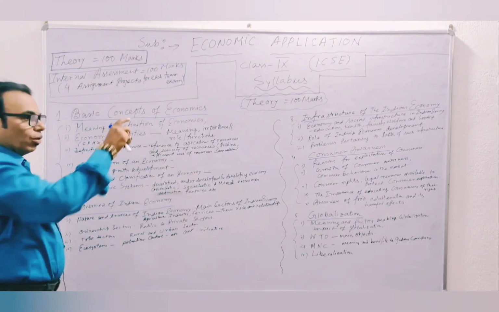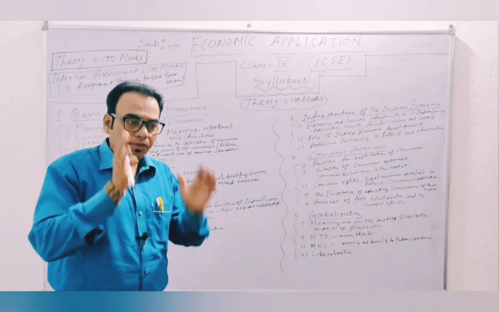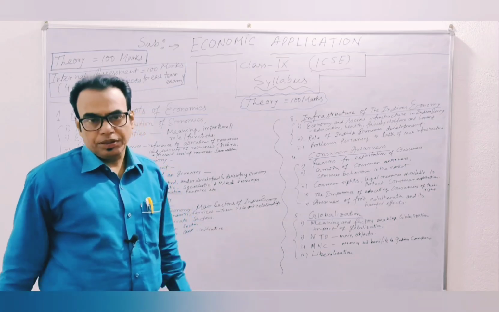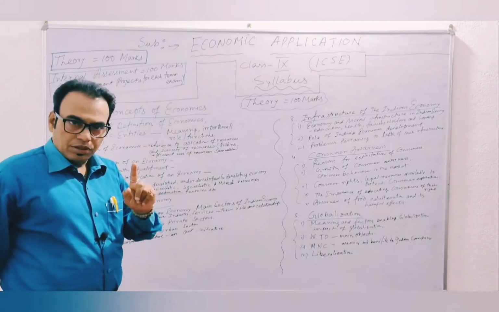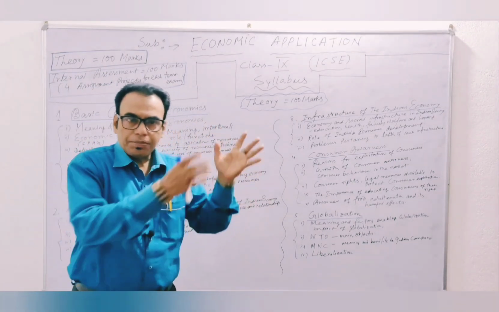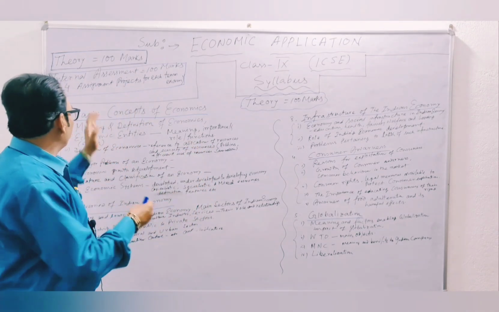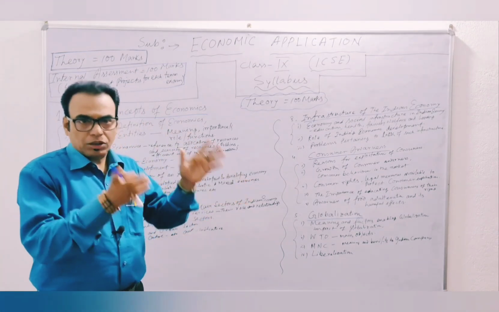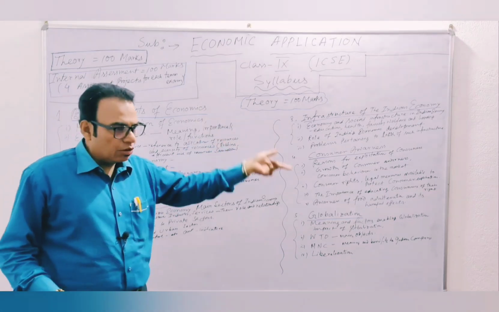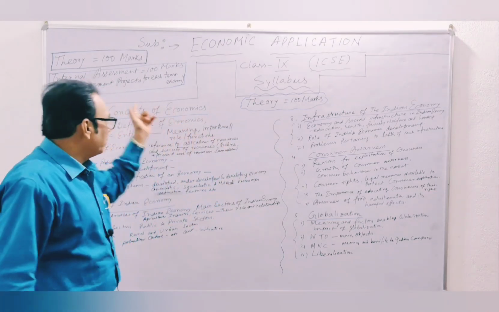That's only the 4 assignment projects. Minimum 4 assignment projects you have to prepare for each term. Suppose in your school there is a half yearly and an annual final exam. So in half yearly also you have to prepare 4 projects, with 100 marks theory and 100 marks assignment.